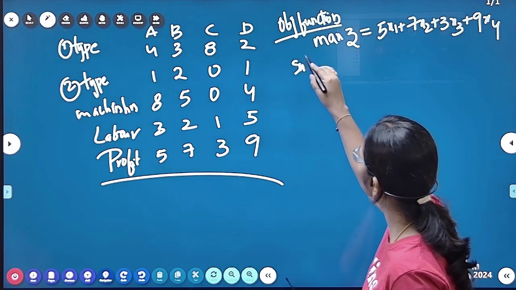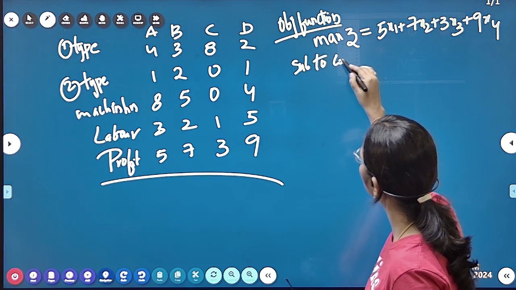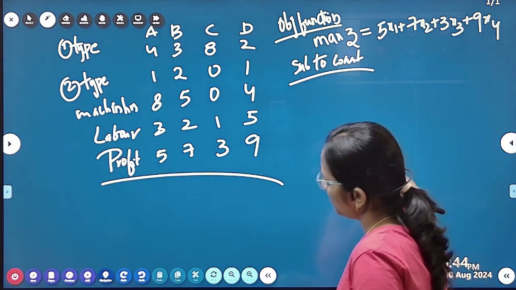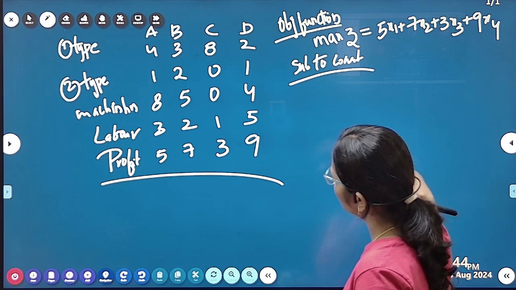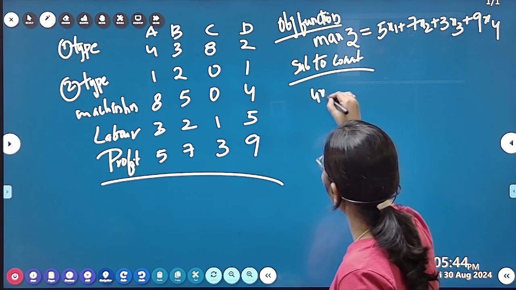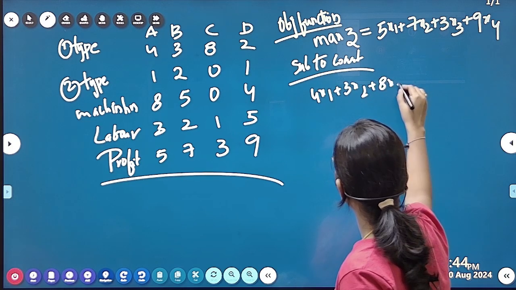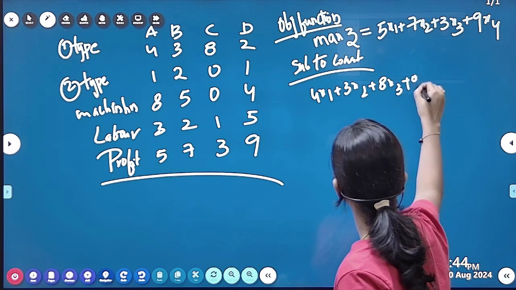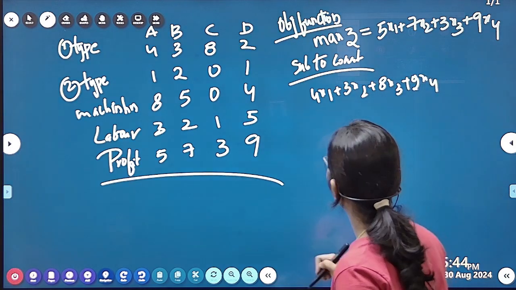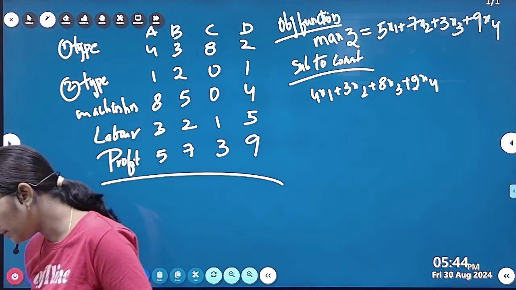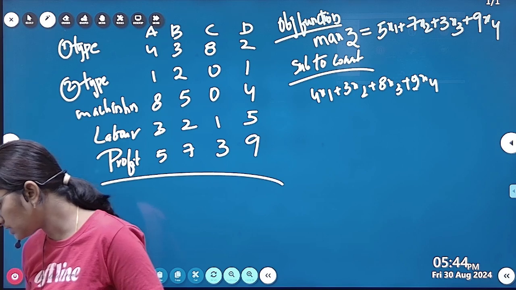Next, subject to constraints. What will the constraints be? 4x1 plus 3x2 plus 8x3 plus 2x4, with availability of the first type of 800 kgs.